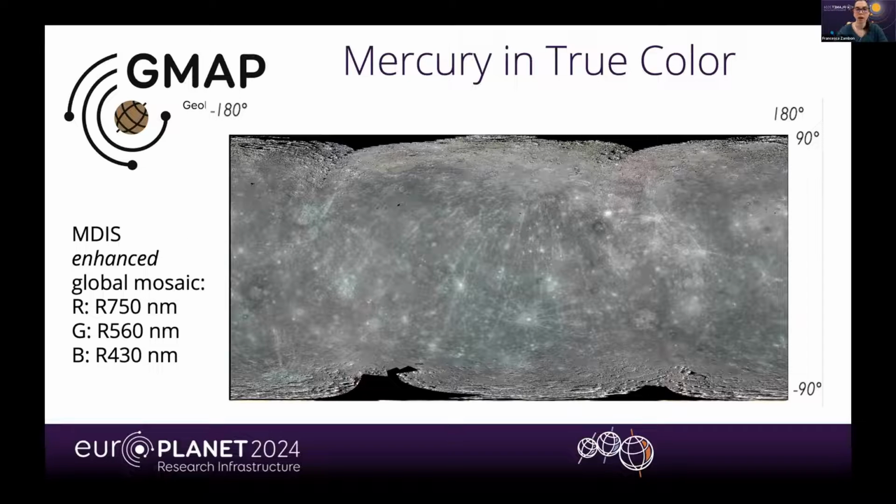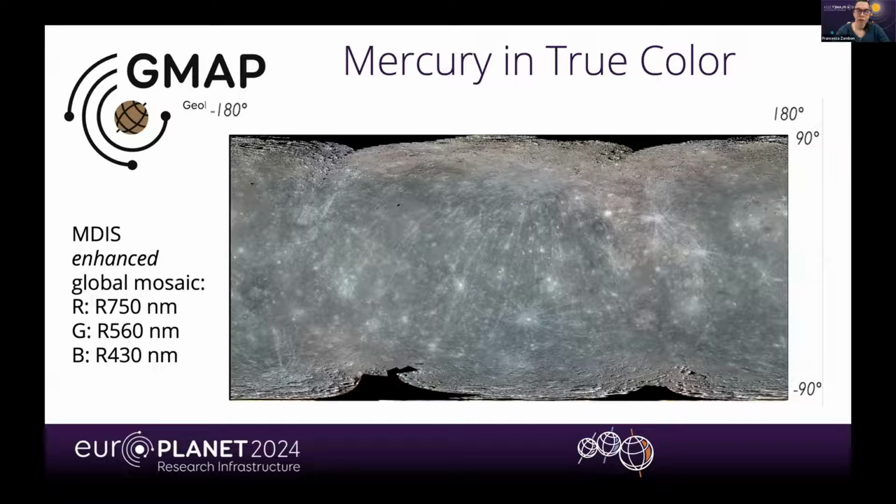You can try with different kinds of combinations, but here I want to show you Mercury in true color. So I use the RGB wavelengths closer to the true color wavelengths, just to show you how Mercury would appear to our eyes.